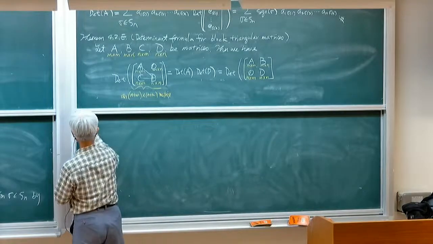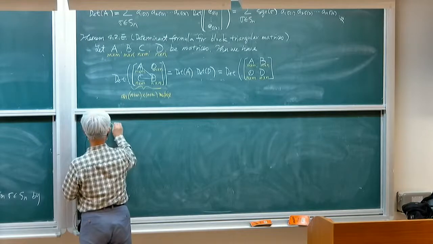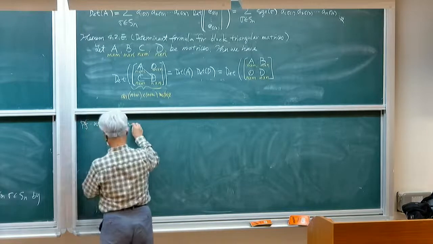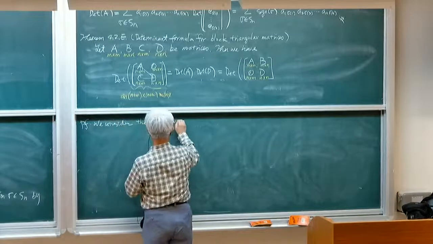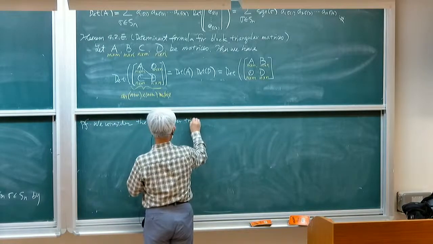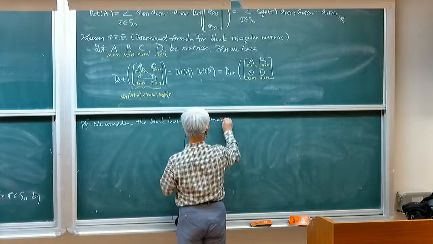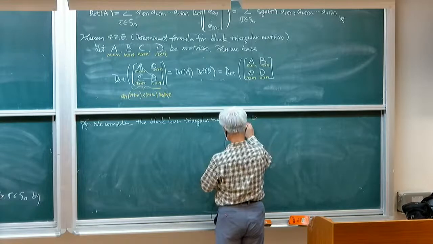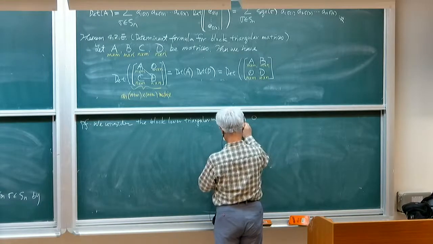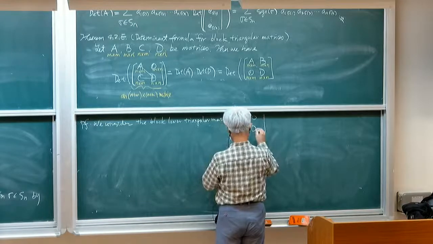Okay, so we will consider the block lower triangular matrix, A 0 and the CD first.